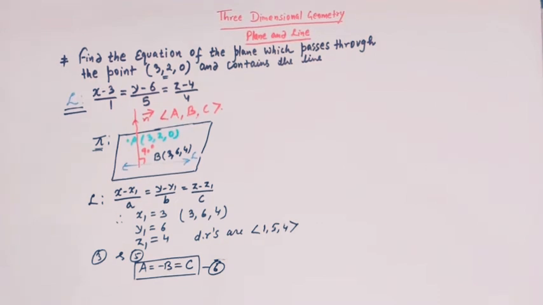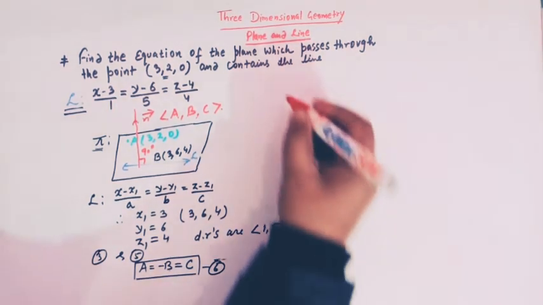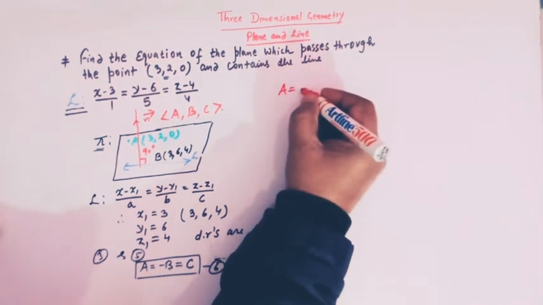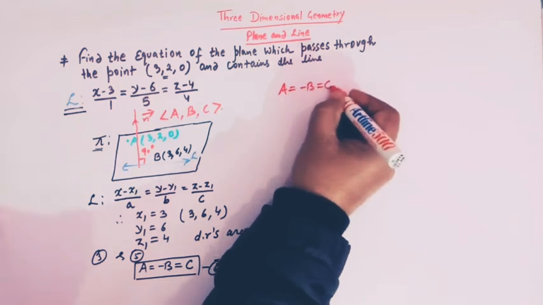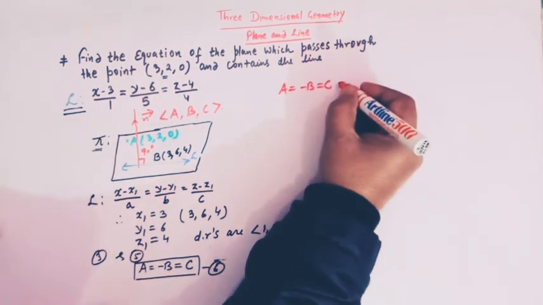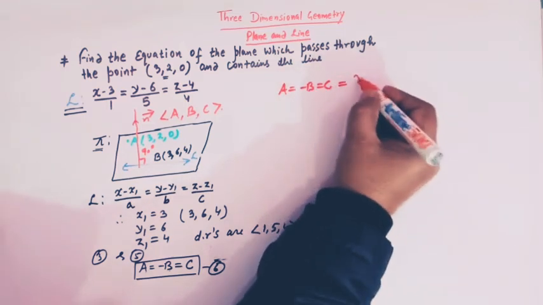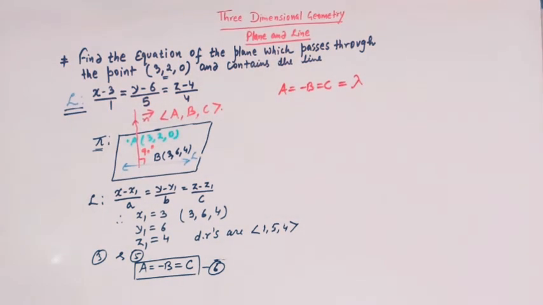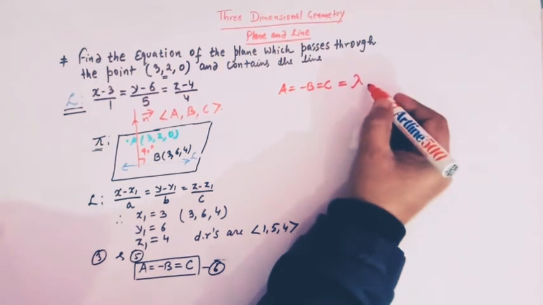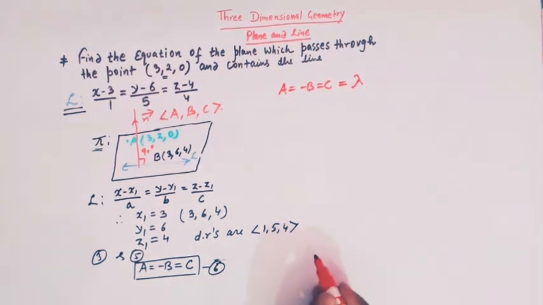Okay, so now viewers, we have this equation, that is A is equal to minus B is equal to C, right? And now let us take these three terms equal to some scalar lambda, right? Where lambda is not equal to 0, right?